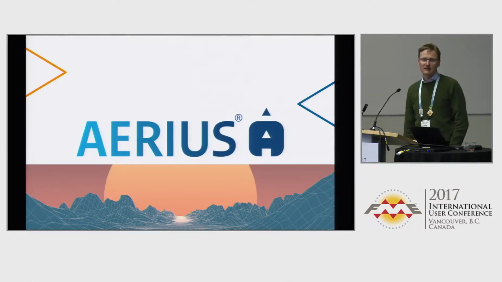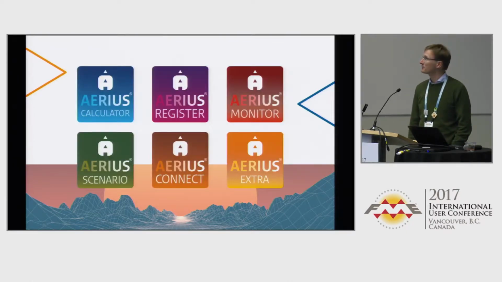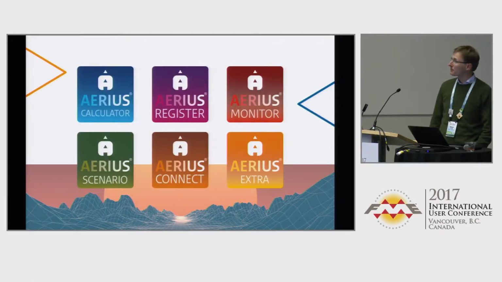AERIUS is a software suite made for a governmental agency in the Netherlands. It's a software suite to calculate nitrogen on nature reserves, and there's a lot of data involved. These are the different products we use.